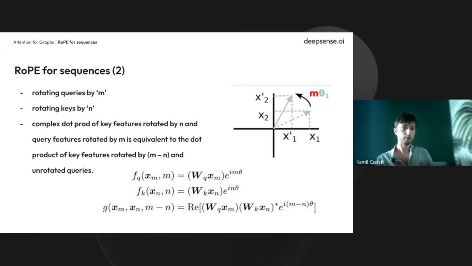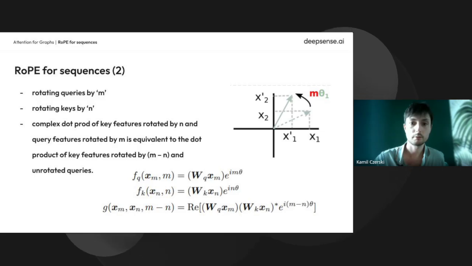So for now you can think, okay, what's going on here? A lot of math, but stay with me. I will explain in a second what these m, n and theta are. Just notice that this dot product between them ends up with this m minus n effect. And that is very useful, as we will find later.